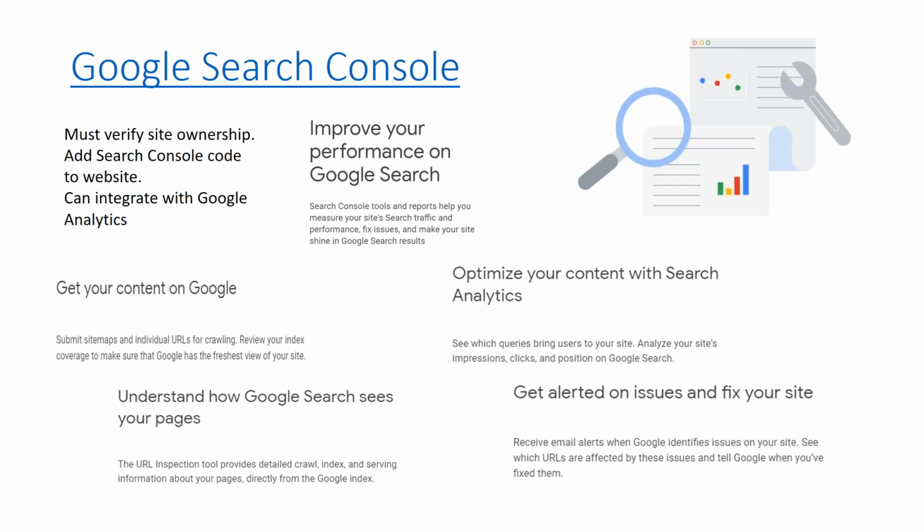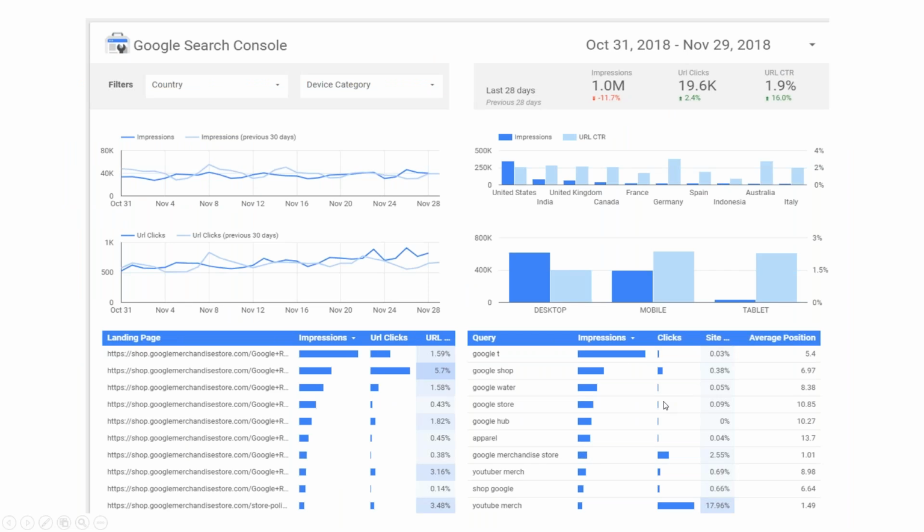Another thing that Google has, which actually embeds with Google Analytics, is the Google Search Console. This gives you deeper insight into the terms and search words that people are using to find your website. Here's a screenshot of Google Search Console, and over here where it says query, these are the words that people are using to find your website and some of the pages it's taking them to.